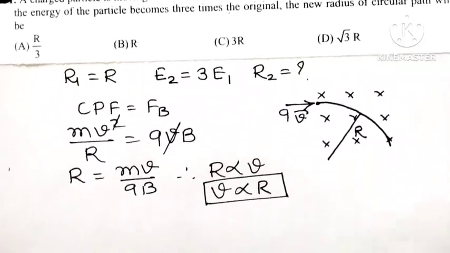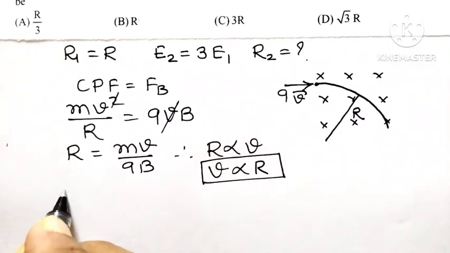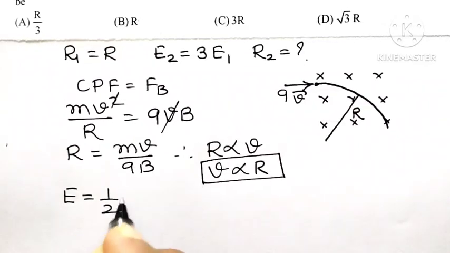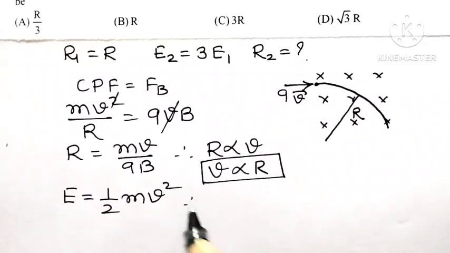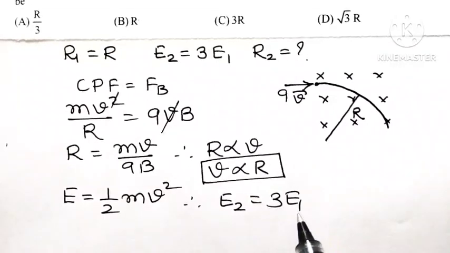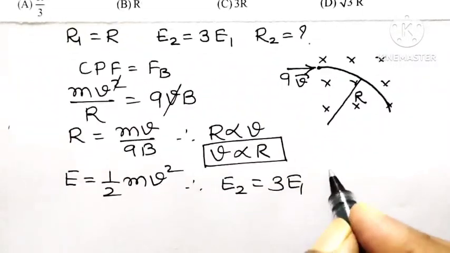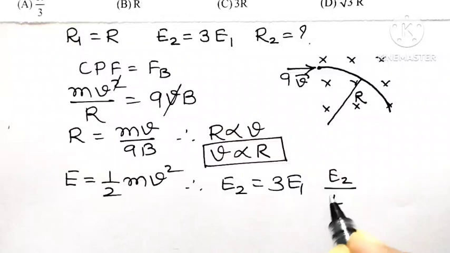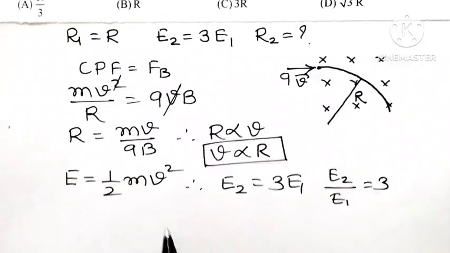Now see here, kinetic energy of the particle, E is equal to half of m into v square, and we were given E2 is equal to 3 times E1, or E2 divided by E1 is equal to 3. But what is E2?